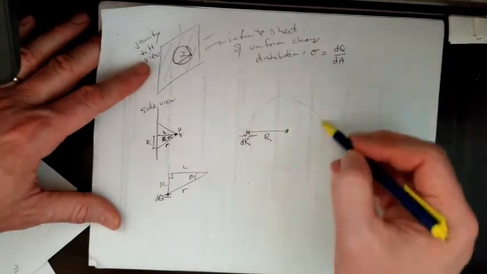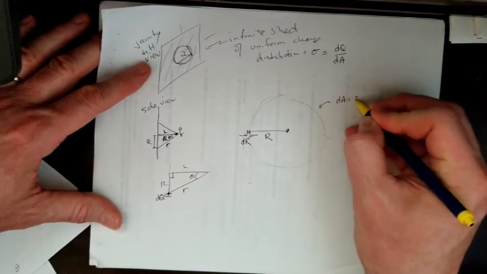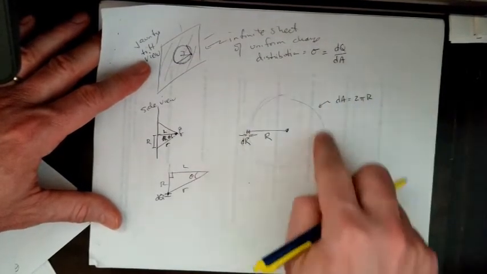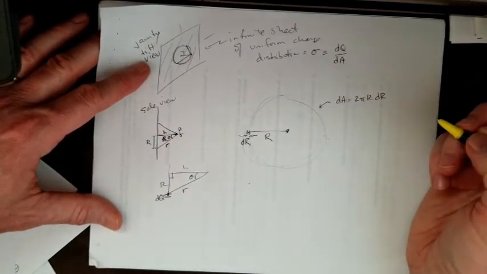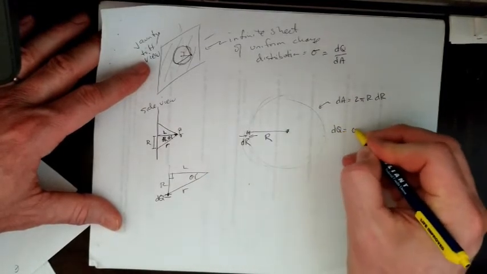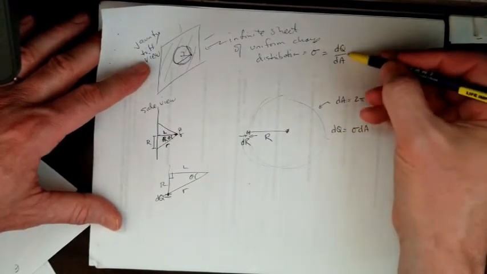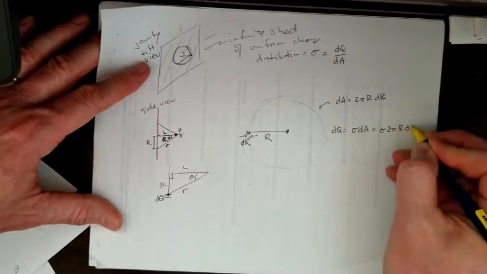And so my area of the hoop, my dA, is equal to 2 pi r, my circumference, times the thickness, dr. And so dq becomes sigma dA, which is sigma 2 pi big R dr.